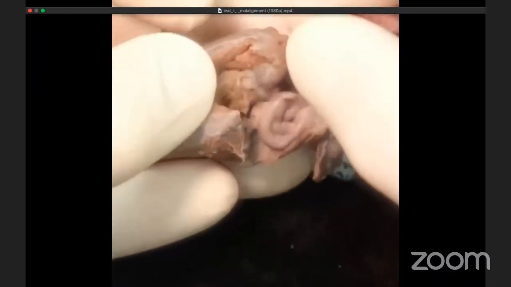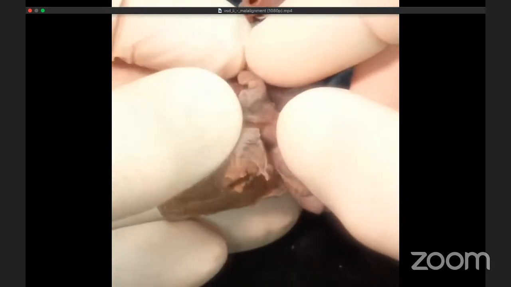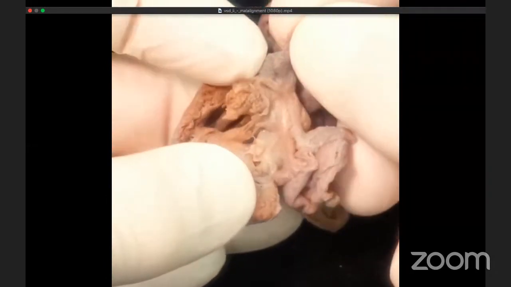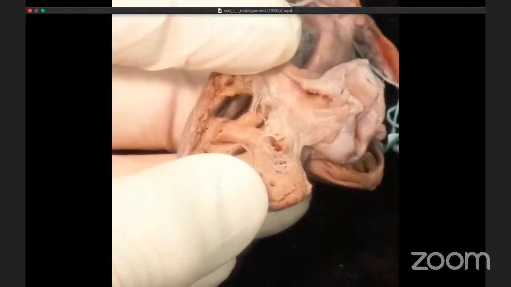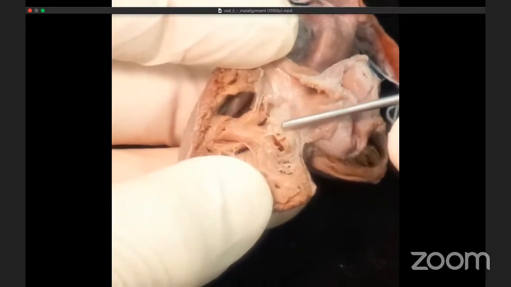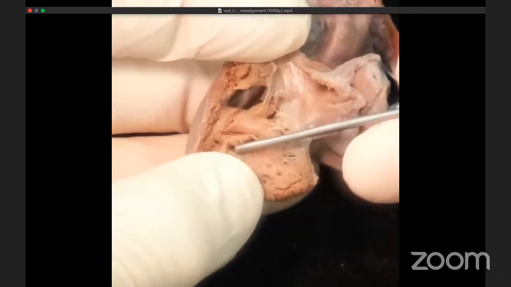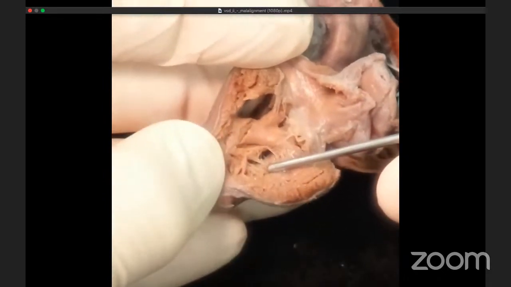Showing you the other side, the other AV connection, here's the left atrial appendage, so finger-like left atrial appendage there, and you can see coming from the smooth left atrial myocardium a second AV valve, which again appears to have 3 leaflets, going again into that coarsely trabeculated right ventricle.